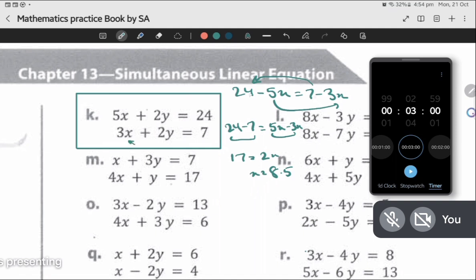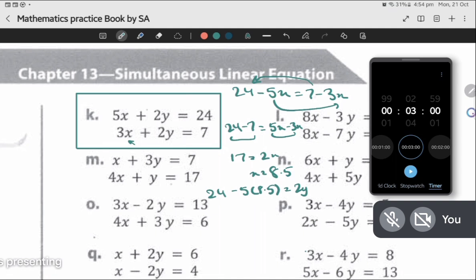Now we can input this into any one of these. Let's say 24 minus 5x, which is now 8.5, is equal to 2y, right? Okay. You can do that.